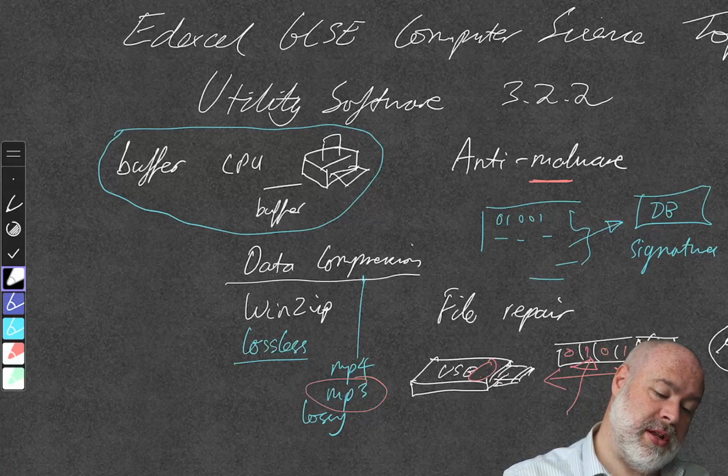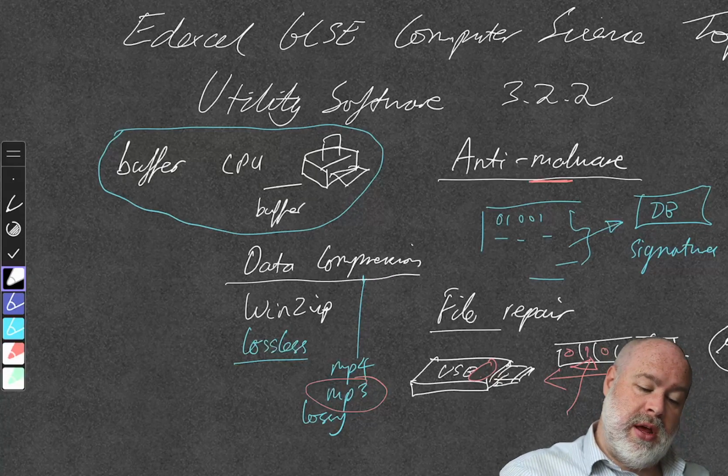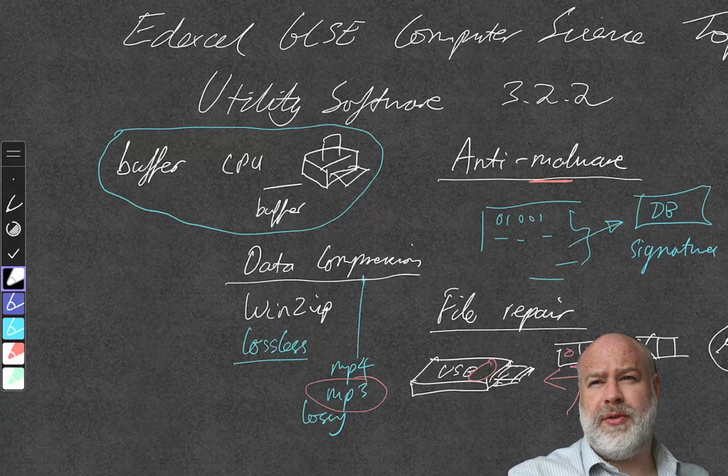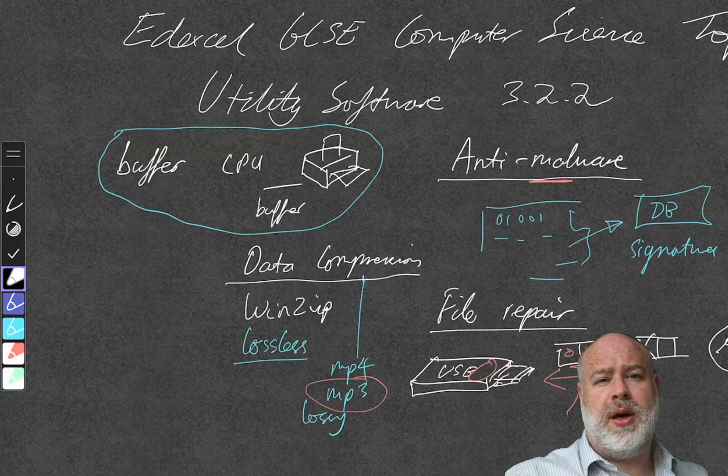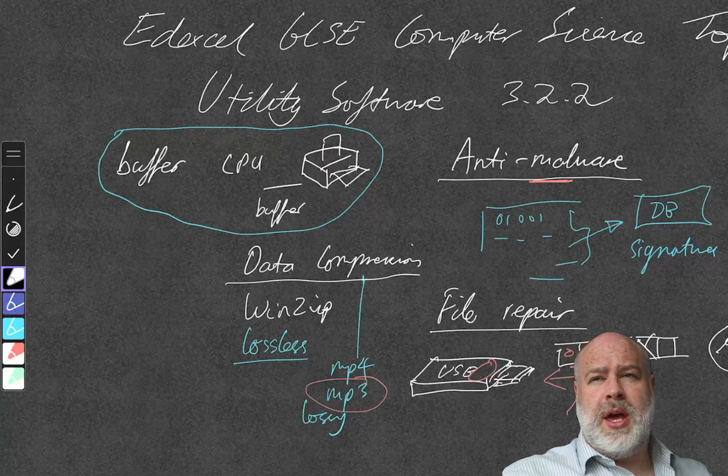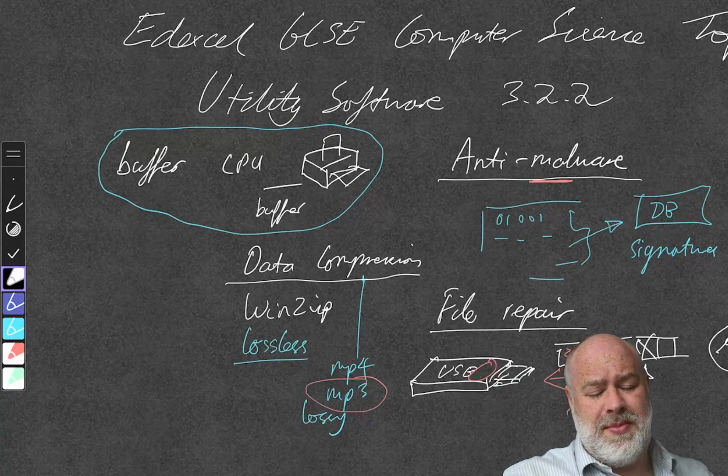But data compression is an important part of utility software, because often we don't need to keep the original raw files of something, or because they just take up so much room. And if we've got a holiday snap, a JPEG is fine.